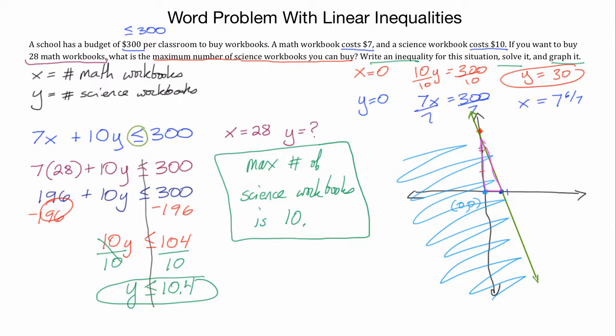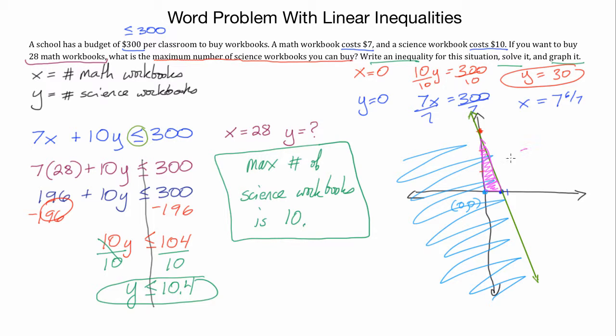It's going to be in this little triangle region here where y values are positive and x values are positive. Anything with a negative x value or a negative y value is not going to really be a solution to this problem because I can't buy negative math books or negative science books.